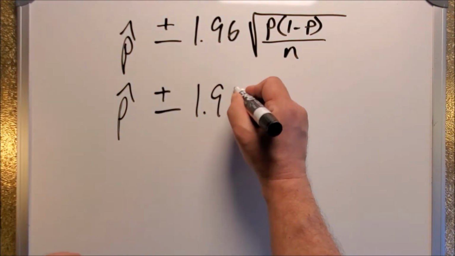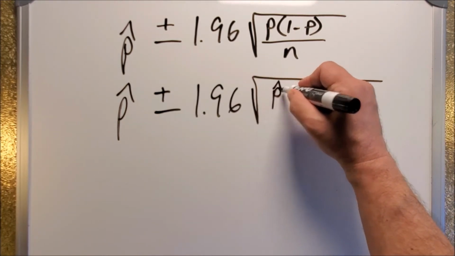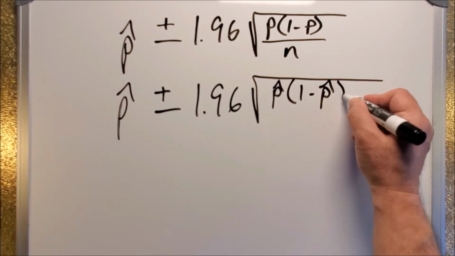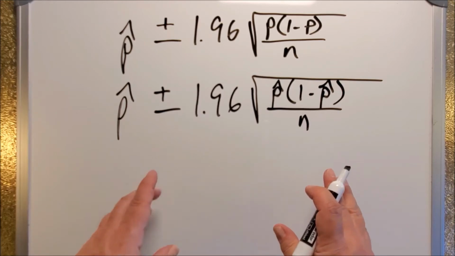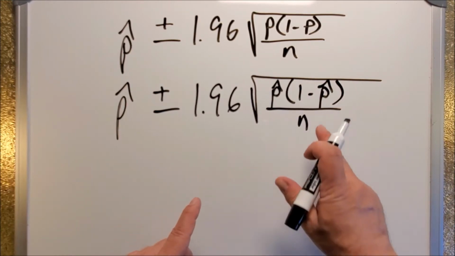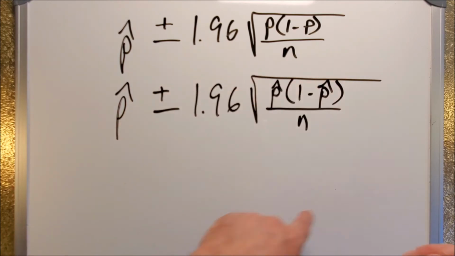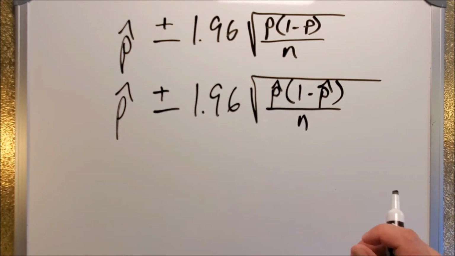For a 95% confidence interval, we use p hat itself as part of the standard error calculation. And that is okay. Especially the larger the sample you get, the less of an error that introduces. This is the way it's done. So that's the formula we're going to use: p hat plus or minus 1.96 times the standard error.